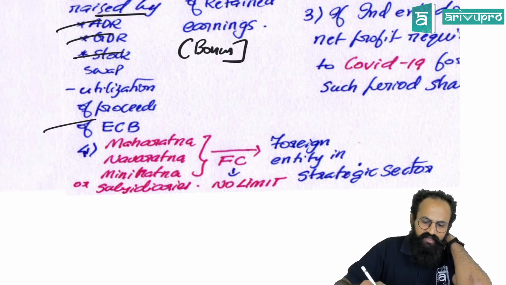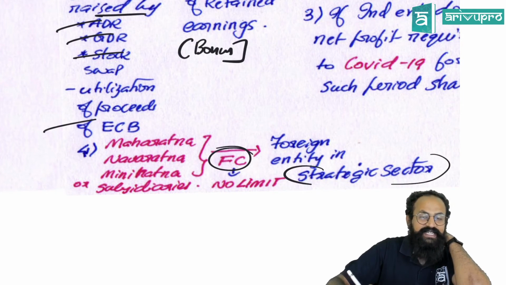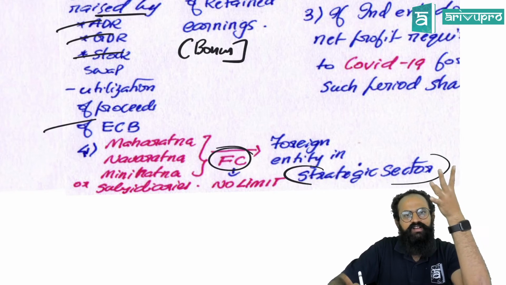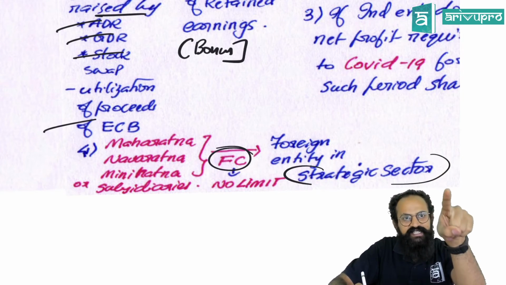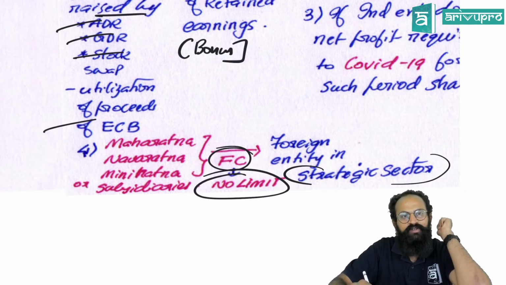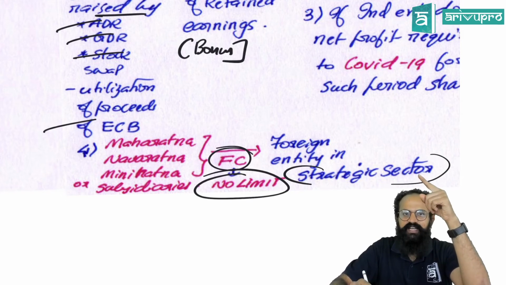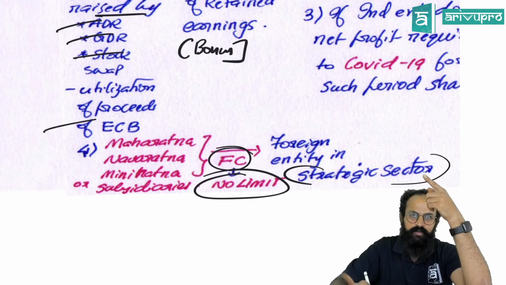If they are making a financial commitment into strategic sectors, coal, minerals, then for the financial commitment there is no limit of 400% and all, only for them. Is it clear? Only for them. It is not for anyone else. Is this part clear, all of you? Okay.